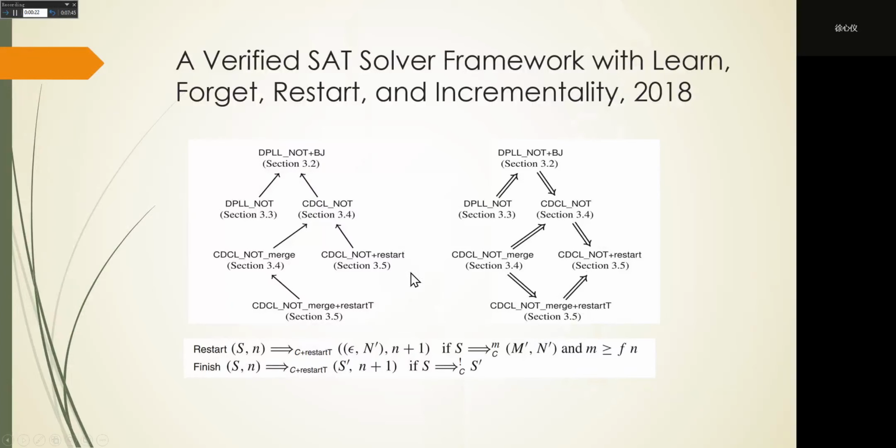We can see that CDCL can usually be used with a restart strategy, and when the restart strategy is used after F(n) steps, where F is actually the Ruby sequence, after F steps, the whole set of learned clauses is forgotten, and they start with a clear state.